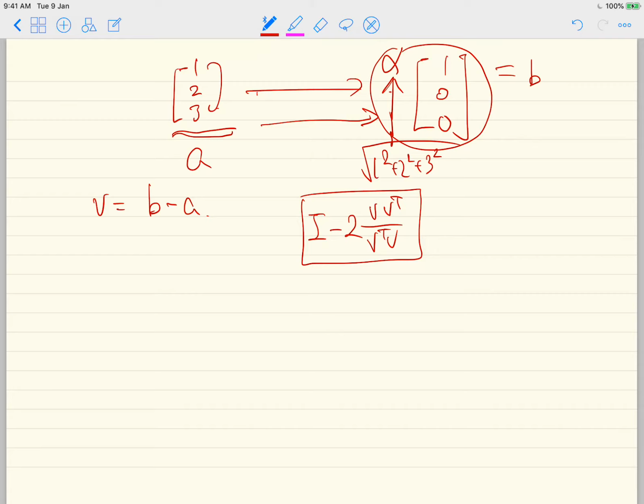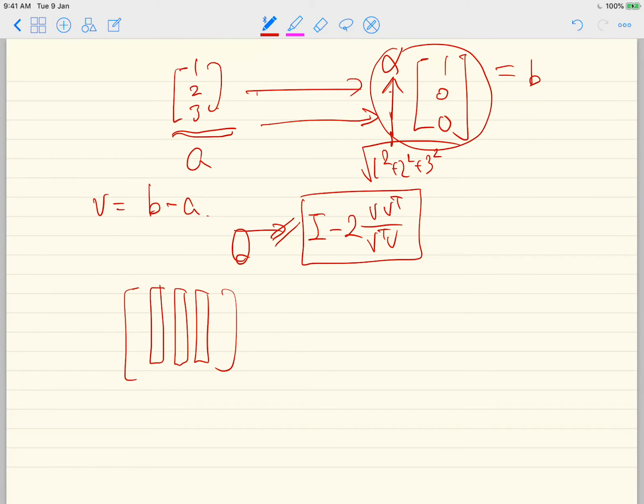Once you obtained this matrix, why do we do so? Given, for example, the input matrix that has three columns, suppose we call this matrix Q, and we multiply this Q on the left.